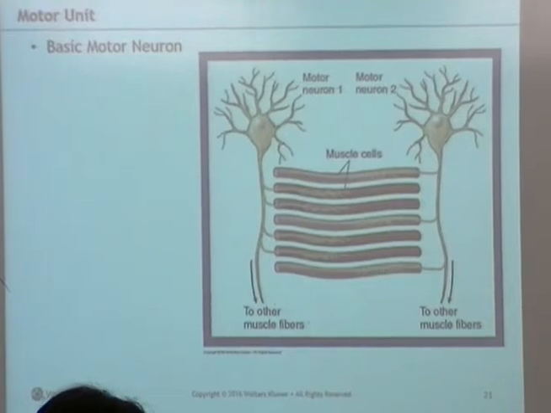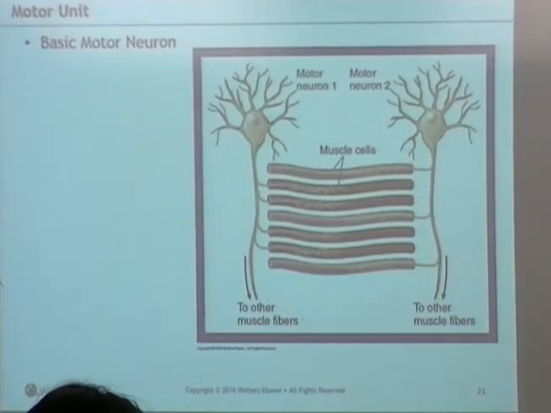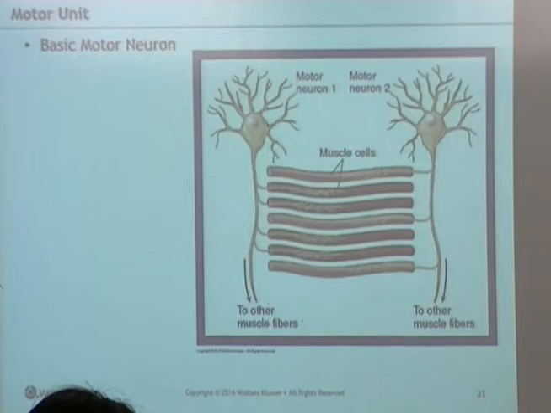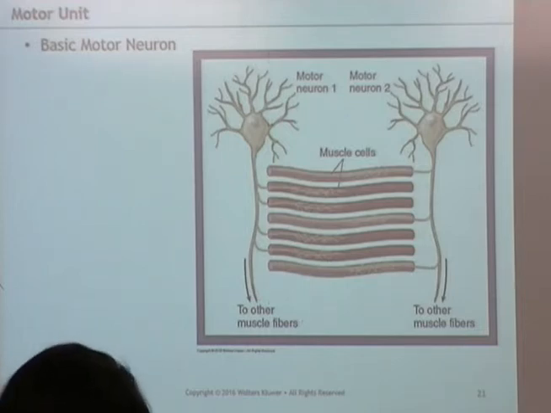We'll come back to this diagram quite a lot over the next few slides, because this diagram is responsible for what we saw when we looked at the cross-section of the muscle fiber, right? So when we have that cross-section, remember we said that a muscle is not type 1 or type 2, right? Muscle fibers are type 1 or type 2.